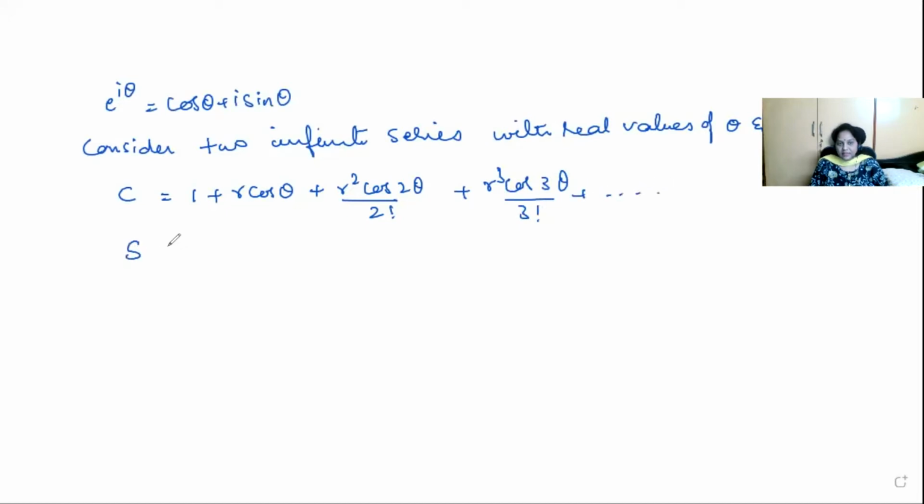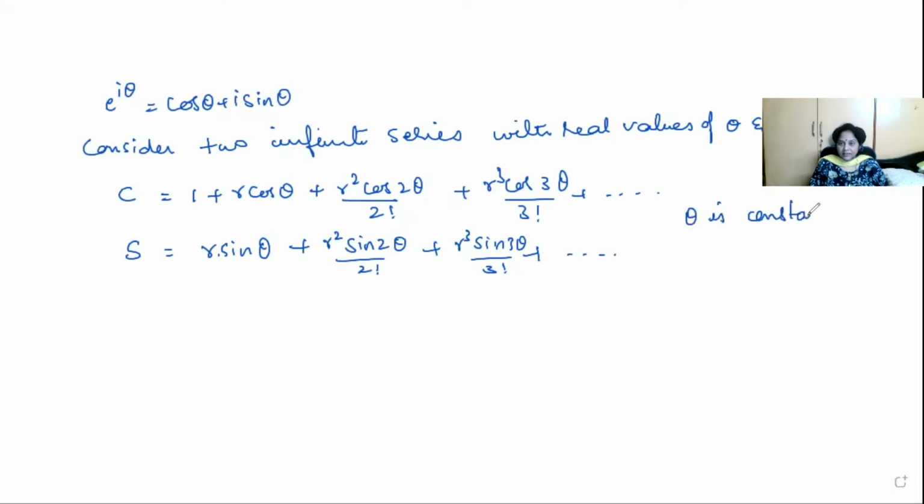And there is another infinite series, S, defined as r sin theta plus r square sin 2 theta by 2 factorial plus r cube sin 3 theta by 3 factorial, and so on. In this, theta is constant, r is varying.